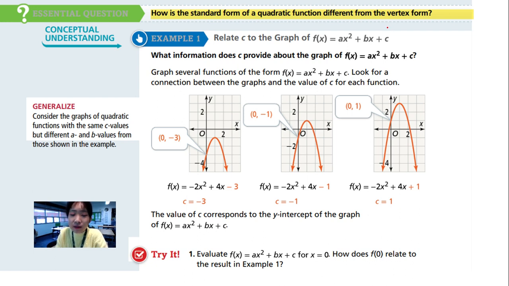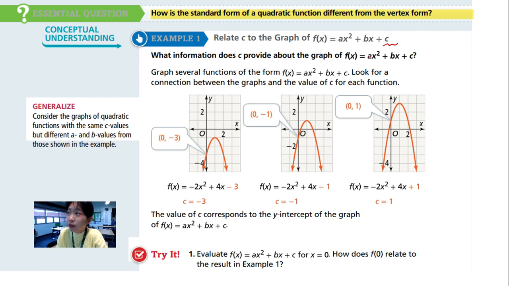Relate c to the graph of f of x equals ax squared plus bx plus c. So, what information does c provide about the graph? Now the c here is constant because we don't have any variables with it. It's just going to be a number.